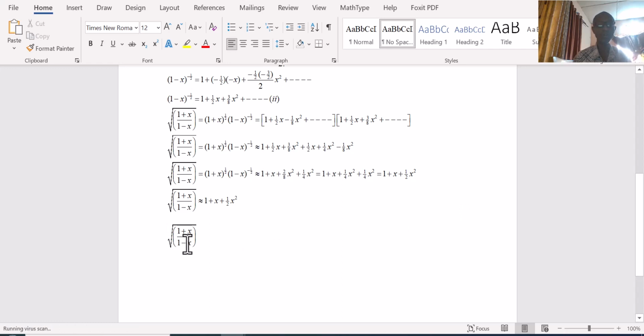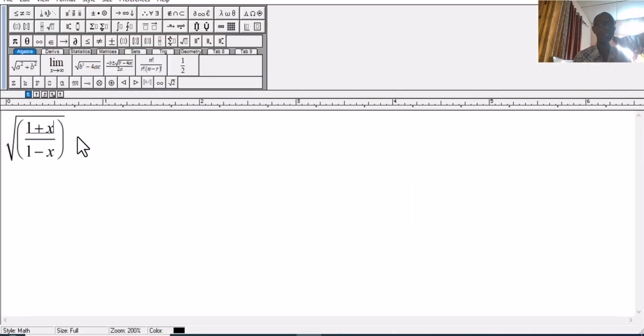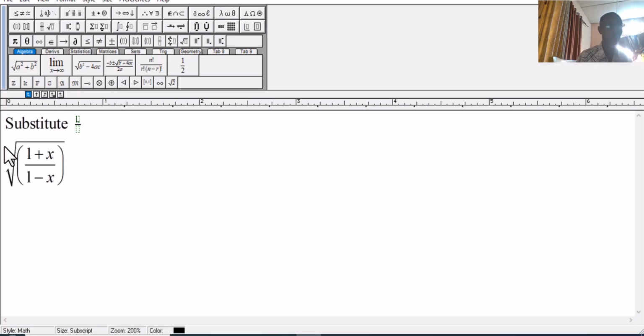So I'm going to put 1 over 7. So substitute 1 over 7 for x. Anywhere I see x, this will be 1 over 7, and then 1 over 7.